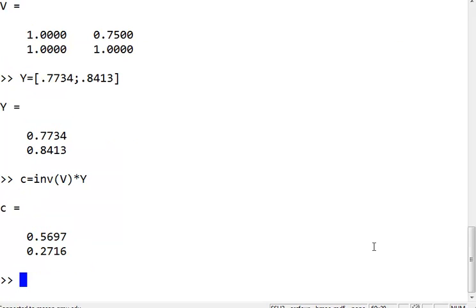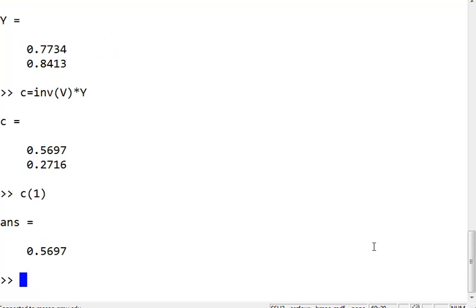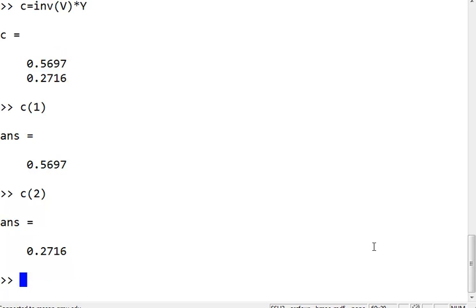This is why I like this method rather than Gaussian elimination, because now when I make my estimates, I've got those coefficients packed right into a matrix called C. C of 1 is the y-intercept. C of 2 is the slope.